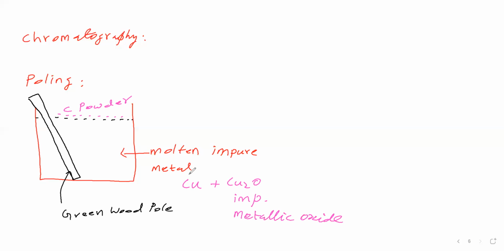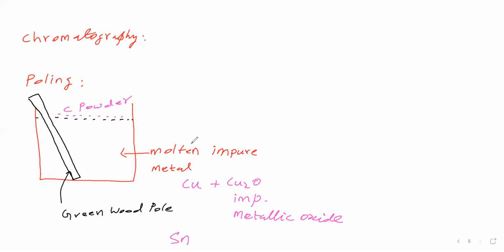Metals that can be purified by this method are copper and tin. So in the poling method, if the impurity is the metal's own oxide, then we can use this method. The green wood pole releases hydrocarbon, which converts the metal oxide into metal, and the carbon powder prevents oxidation of the metal.